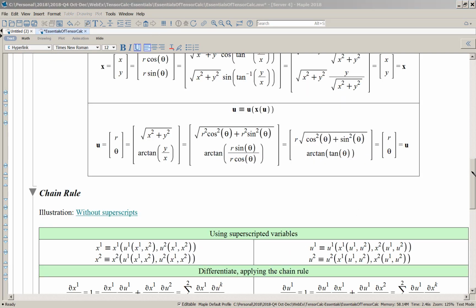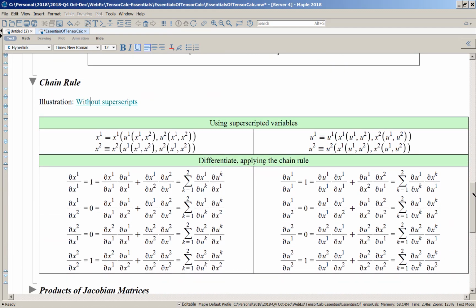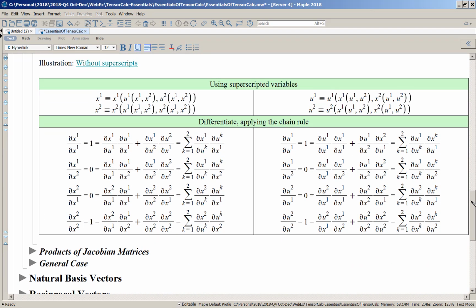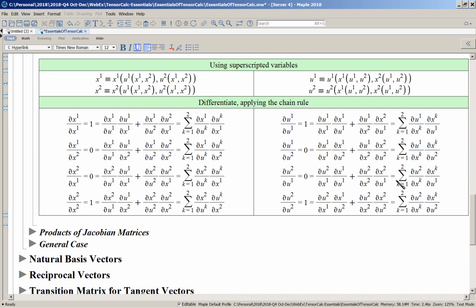And this is what it would begin looking like when you pick up a textbook on Tensor Calculus. You're going to see these same expressions done where the variables are superscripted. And if you step back for a second and you look at this mass of symbols, you can become exceedingly daunted by all of this.